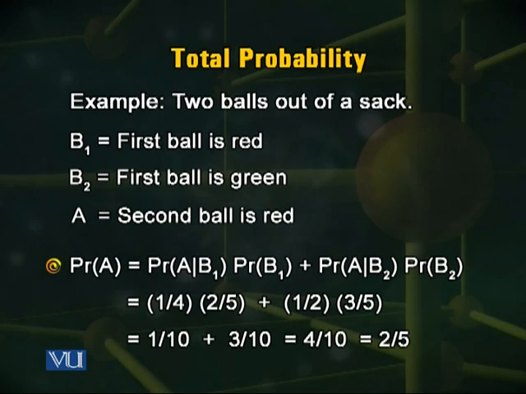Add to this the conditional probability of the second ball being red given that the first ball is green, and multiply this with the unconditional probability of the first ball being green. If you put all the numbers together, you will find that this number comes out to be 2 by 5 again, which is equal to the probability of a ball being red, whether you are doing the experiment with replacement or without replacement.